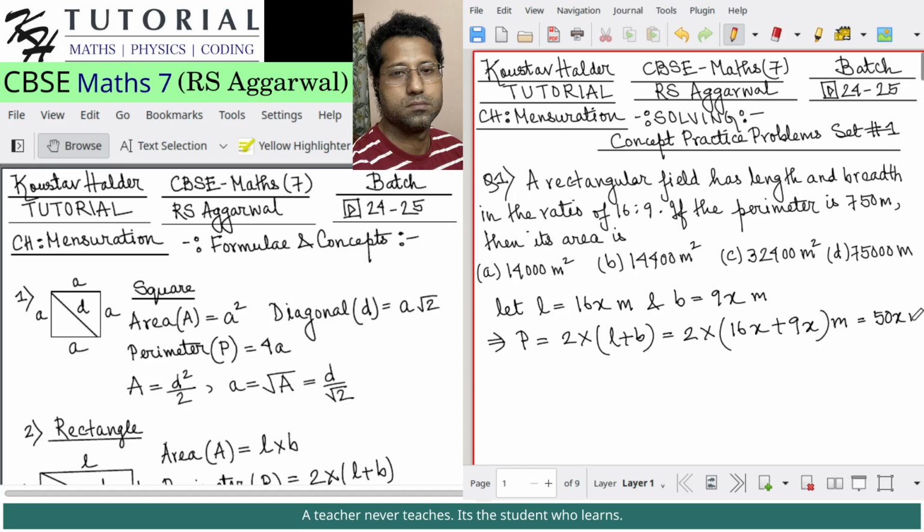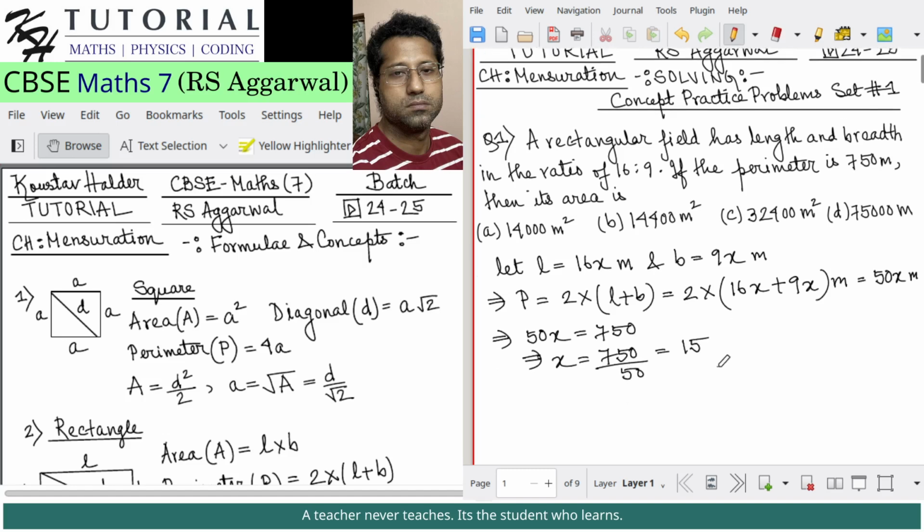So 50x meter is the perimeter. The perimeter is already given to be 750 meter. So we can say 50x is equal to 750. This implies x is equal to 750 divided by 50, which is equal to 15. So x is 15. Remember, x is not 15 meter, but it is 15.